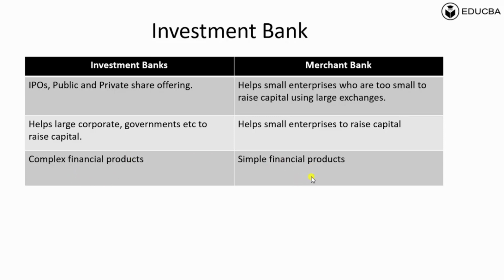Whereas these merchant banks deal in vanilla products which are easily available, for example, home loans, auto loans, insurance rolls, which are primarily based on the interest income part of it. Okay. So they ensure that they are not getting into a very complex nature of business which they cannot handle.